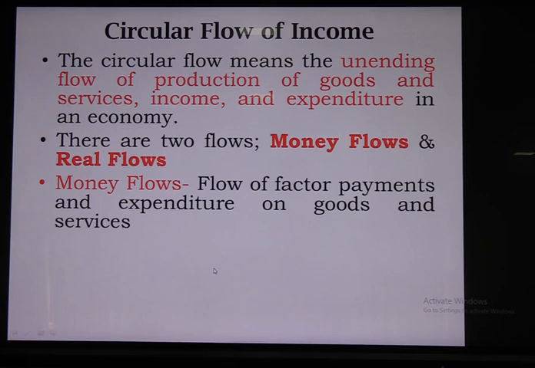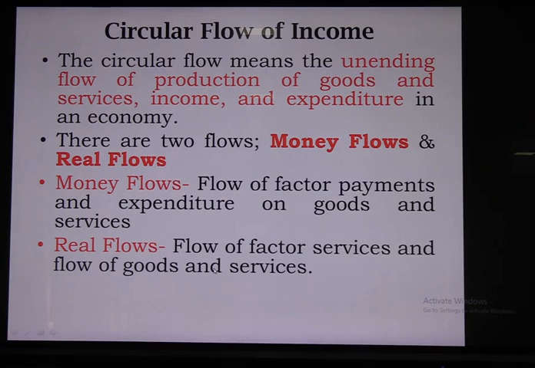That is your expenditure. Suppose you get 1000 rupees as wage, that is the factor payment, and you spend 1000 rupees for purchasing goods and services, that is your expenditure. Which means your income is equal to expenditure. Your income is 1000, expenditure is also 1000. So the flow which shows this income is the money flow.